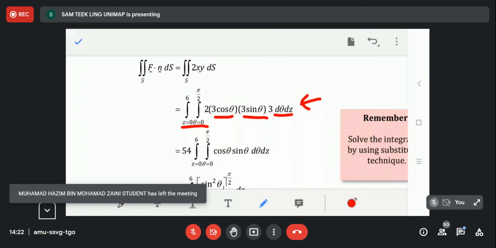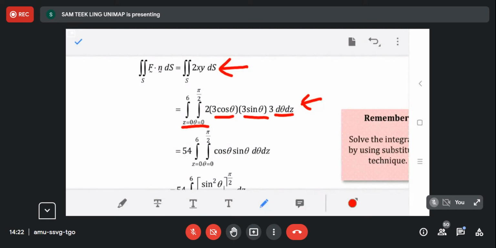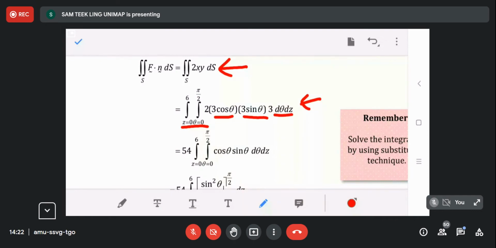This one is from xy form going to polar form, so all your x and y are replaced by the polar coordinate formulas. So we only change form. We apply polar form because that one is easier to integrate compared with xy coordinates.